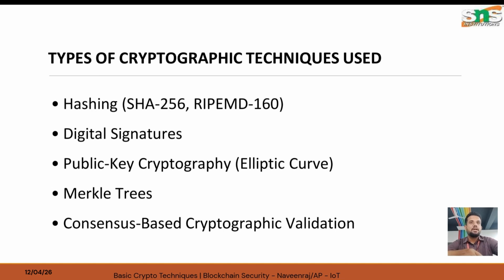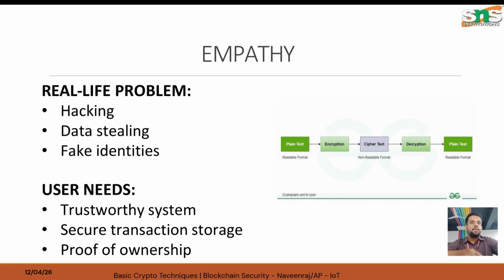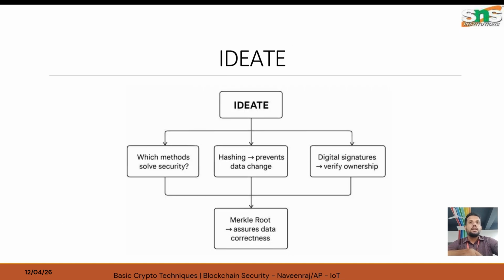Once the hash is generated, it is encrypted using the private key. Then the final step, the fourth step, the signature is created. This is how a digital signature is created. On the receiver side, the user uses the public key to verify. If data changes, the signature becomes invalid. This is a great example of a digital signature.